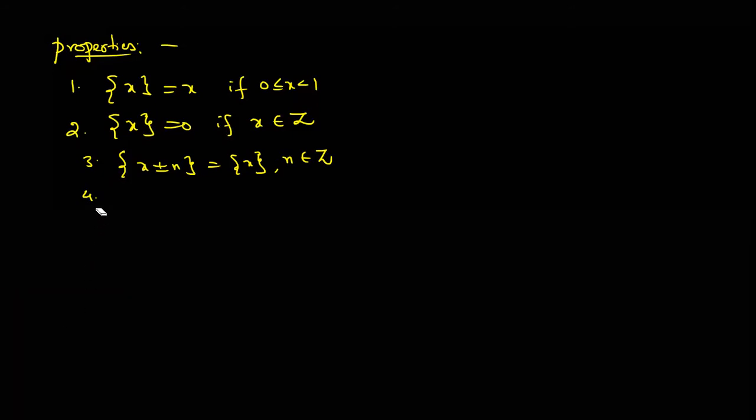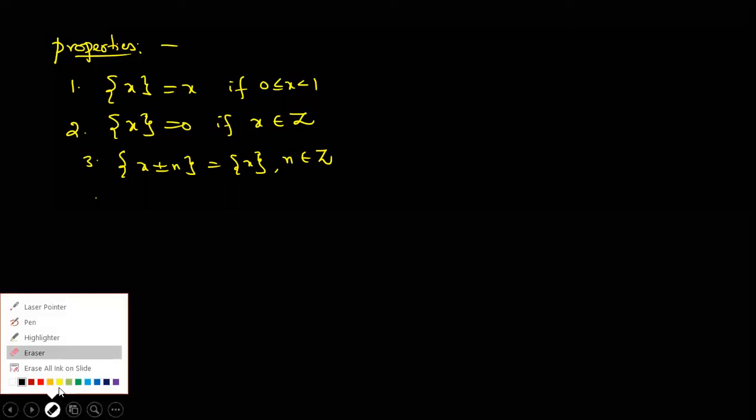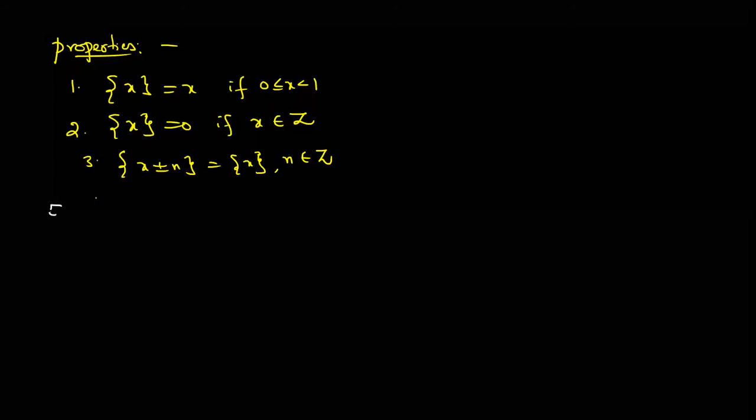Now I'm giving one question. See carefully. A lot of practice is required here, dear students. Correct? I will ask you individually. Example, I'm giving. Fraction part of x and integral part of x are fp and ip respectively. What is the meaning?